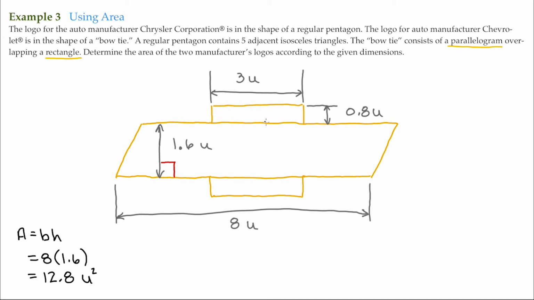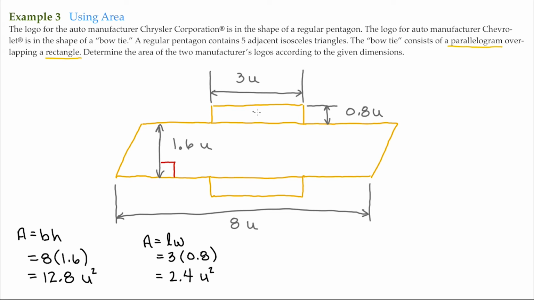Then all I have to do is find out this rectangle here, the area of a rectangle. That's the length times the width. We have a length of 3 and a width of 0.8. So that gives us an area of 2.4 square units.